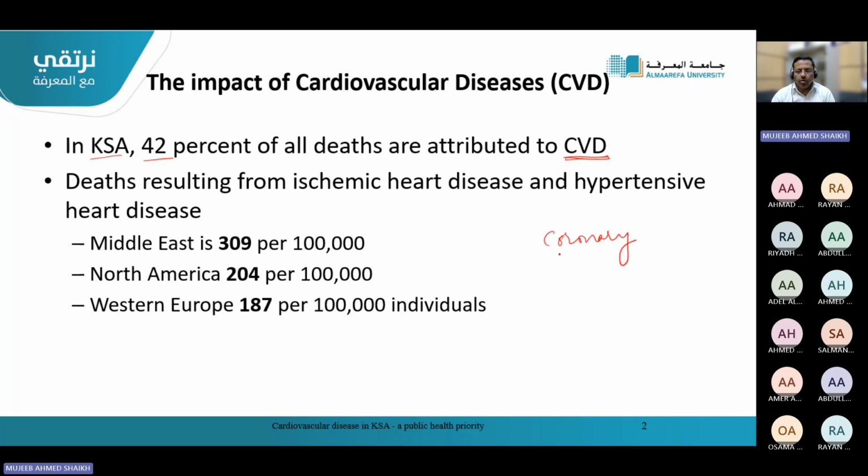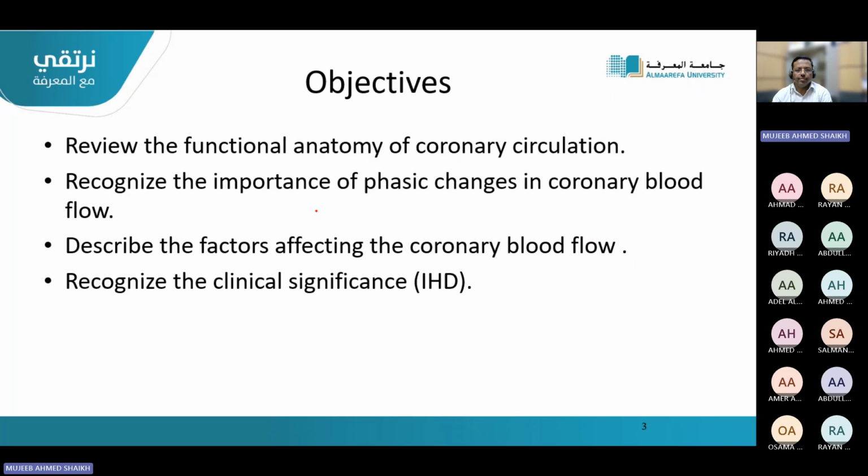So it is important for every doctor to know about the coronary circulation, because it is a very important topic for dealing with 42% of the deaths.